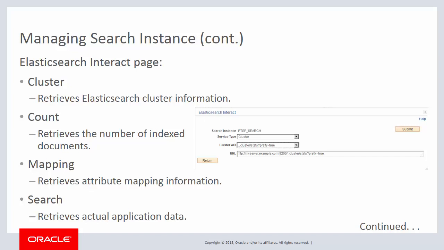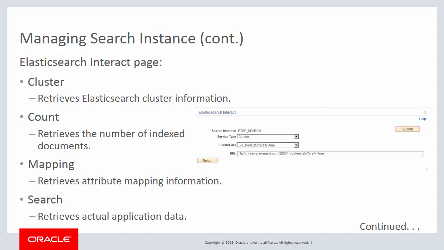This option enables you to retrieve the number of indexed documents related to search definitions. Mapping. This option enables you to retrieve the attribute mapping information related to search definitions. Search. This option enables you to retrieve actual application data.